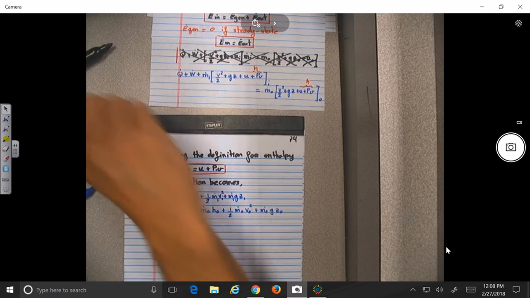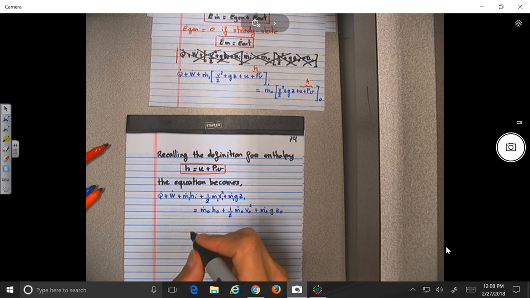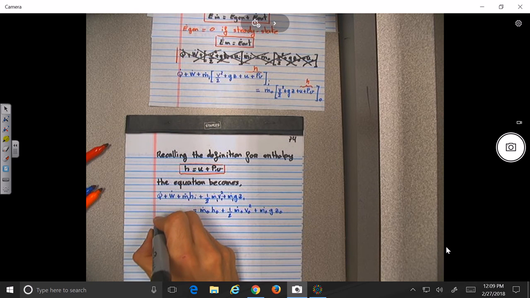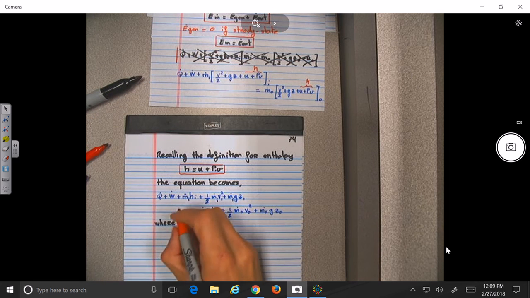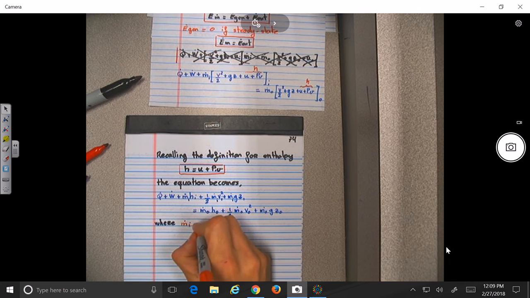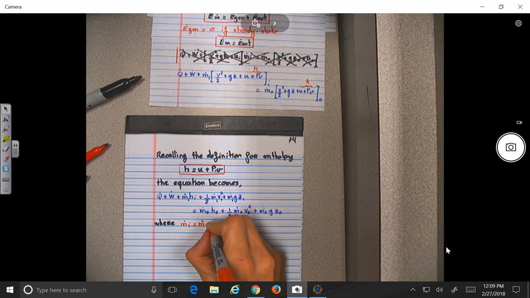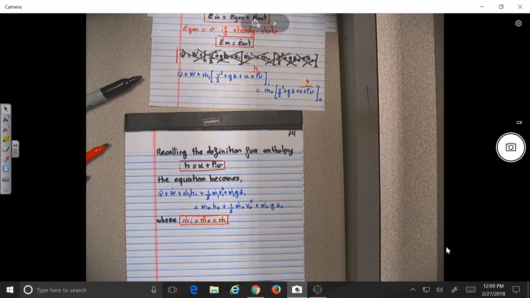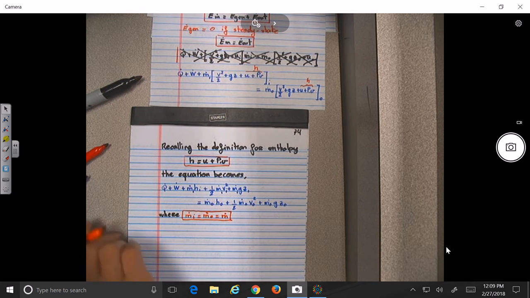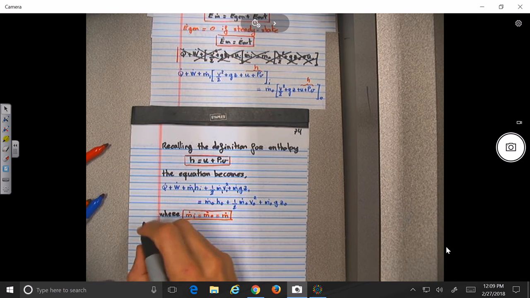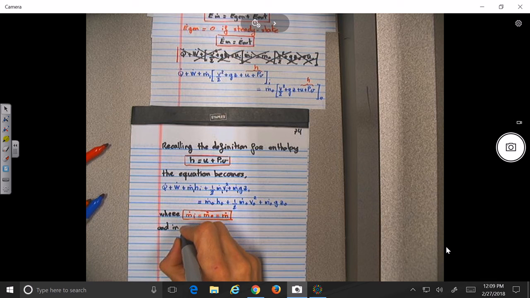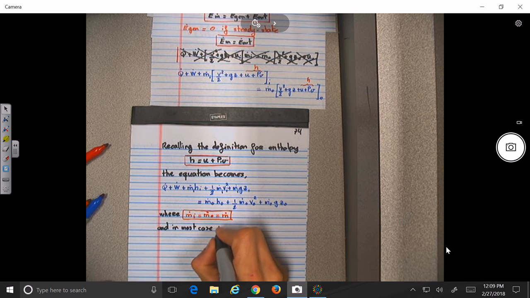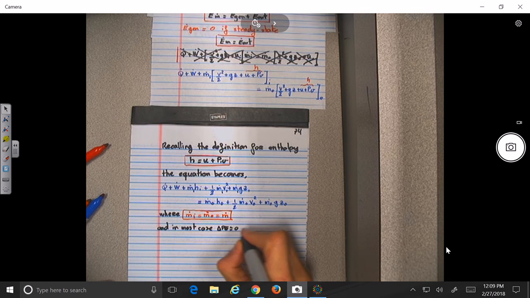So what do we know? We say that the amount of mass going in needs to be equal to the mass coming out, and let's just call this one m dot. And in most cases, the change in potential energy is equal to 0, and the change in kinetic energy is equal to 0, as you have seen in the problems, no?